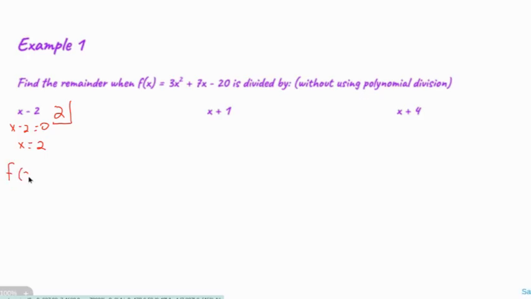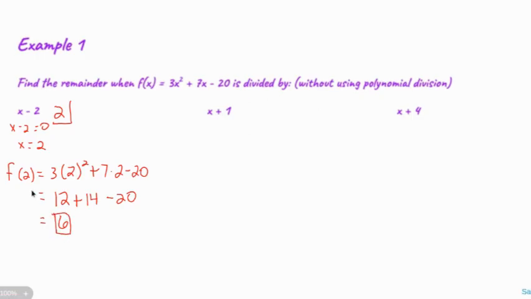So we do f of 2 equals 3 times 2 squared plus 7 times 2 minus 20. So we get 12 here plus 14 minus 20. We get 26 minus 20. If we went through synthetic division or long division, we would get a remainder of 6.